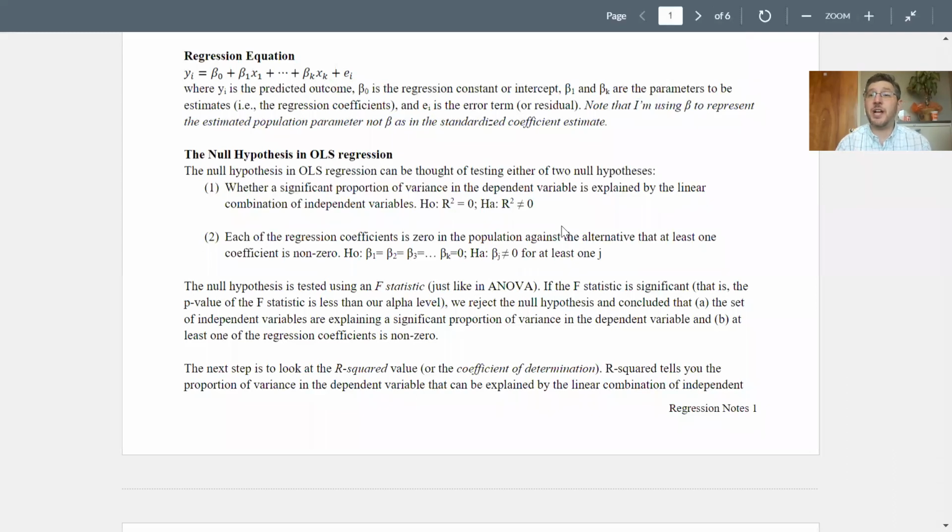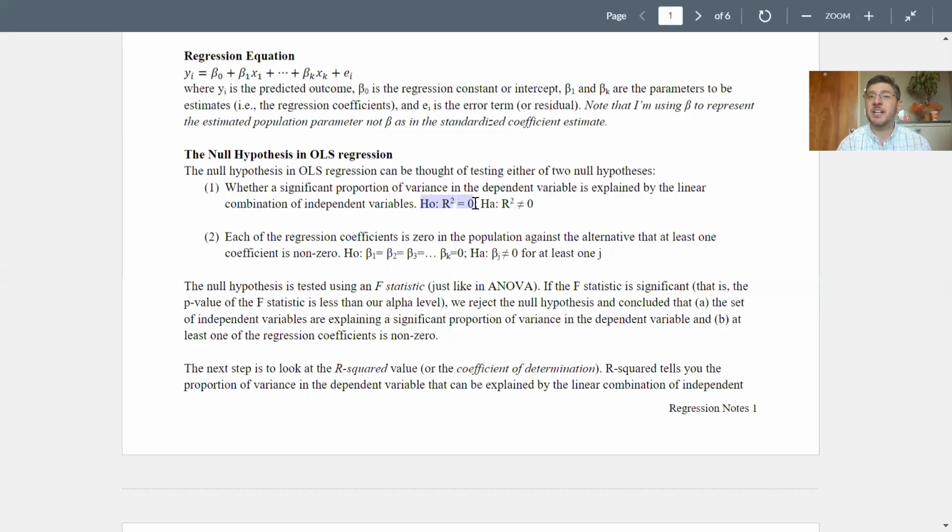So the null hypothesis in regression analysis can really be thought of as testing two different kinds of null hypotheses. One could be whether we're explaining a significant proportion of variance in the dependent variable. So, does the linear combination of independent variables explain a significant proportion of variance in the dependent variable? We can think of that as testing whether our R squared value is different than 0.